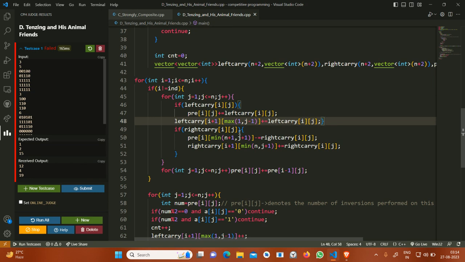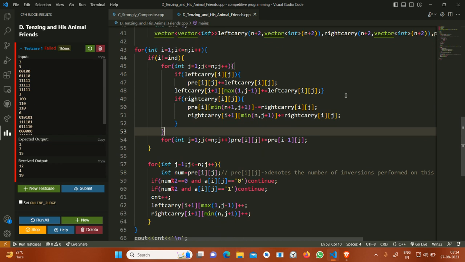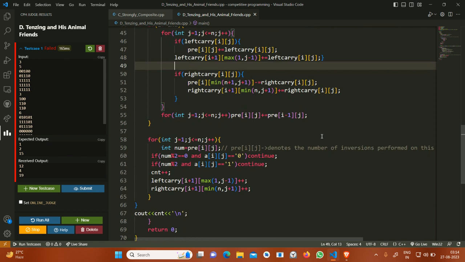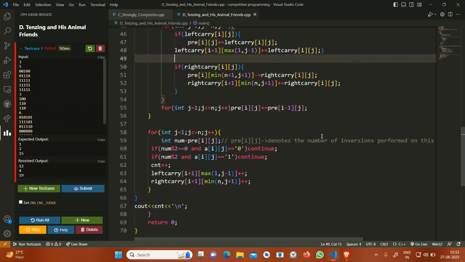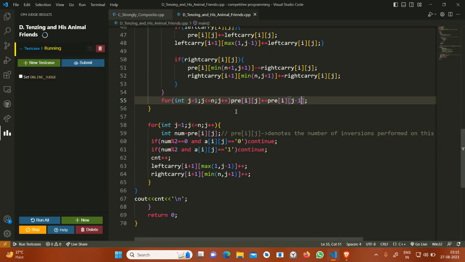Left carry i plus 1, j minus 1 plus equals to carry left i j, okay it is also right. Then left carry, n plus 1 comma j plus 1 minus equals to carry left i, it is also correct. Then prefix of i minus 1, oh sorry, it should be i comma j minus 1. Let's just run it.